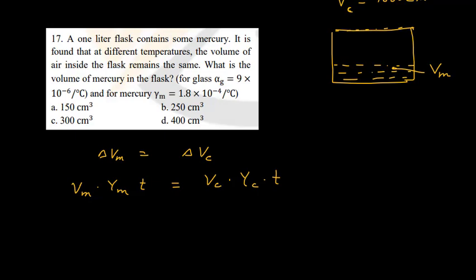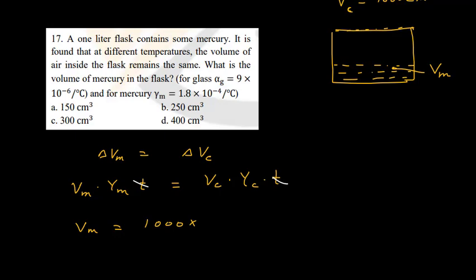So let us say that, okay, this T will cancel, and therefore Vm is equals to Vc, the value of Vc is 1000, and gamma C.